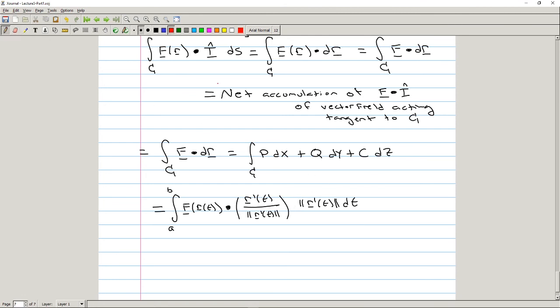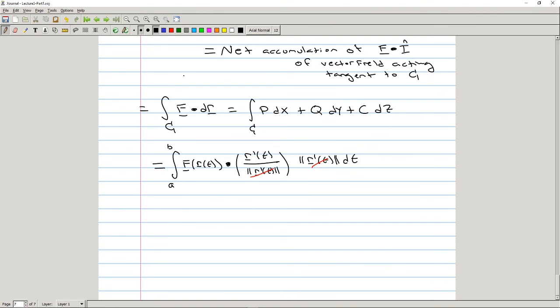And you see what's a magic cancellation here. So we're seeing that to evaluate any line integral, all it takes is to take the integral of f at r of t, and then take the dot product with r prime of t, whatever that is, and just integrate that dot product with respect to t.